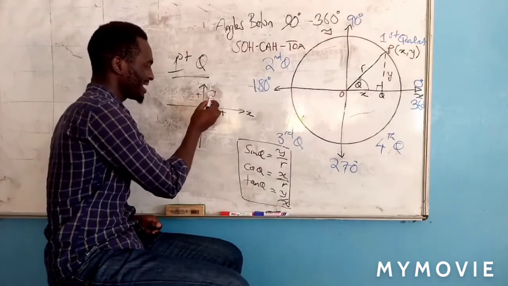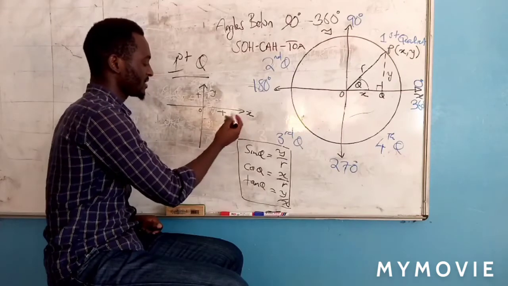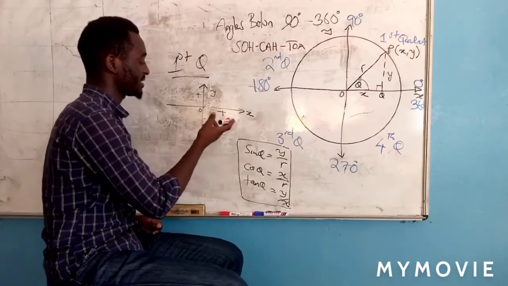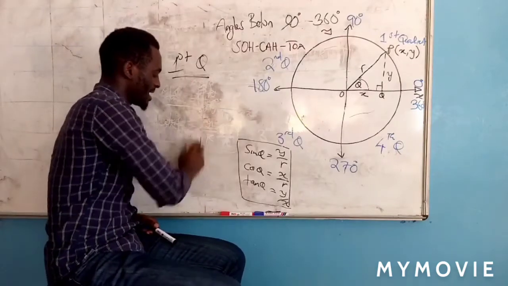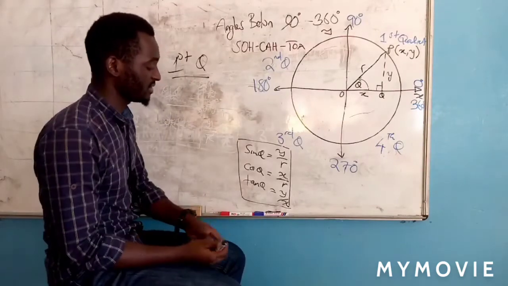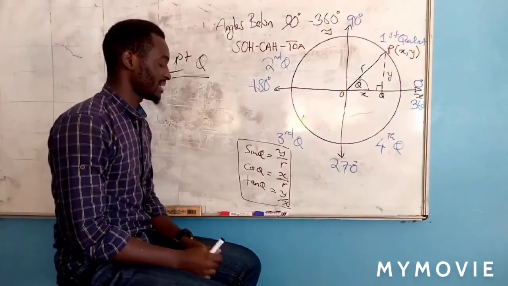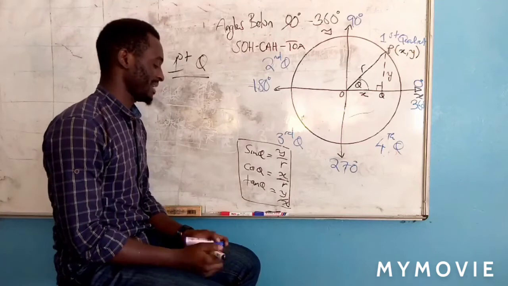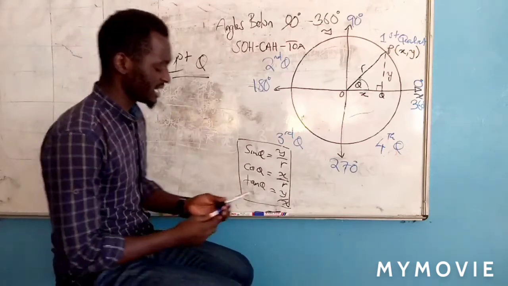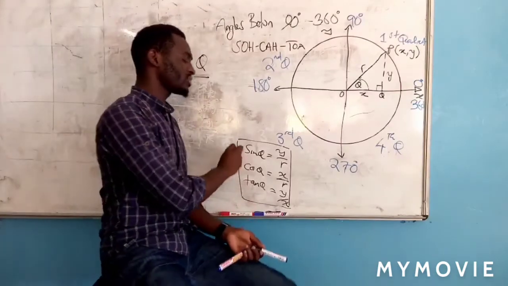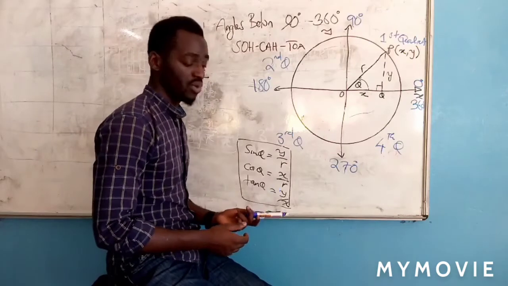Meaning y in the first quadrant is positive, and x in the first quadrant is also positive. That's what I mean when I say we can all see that y is positive, x is positive, and r is also positive, because r must always be positive. Okay? So in other words, we can all now conclude that all the trigonometric ratios are positive in the first quadrant.